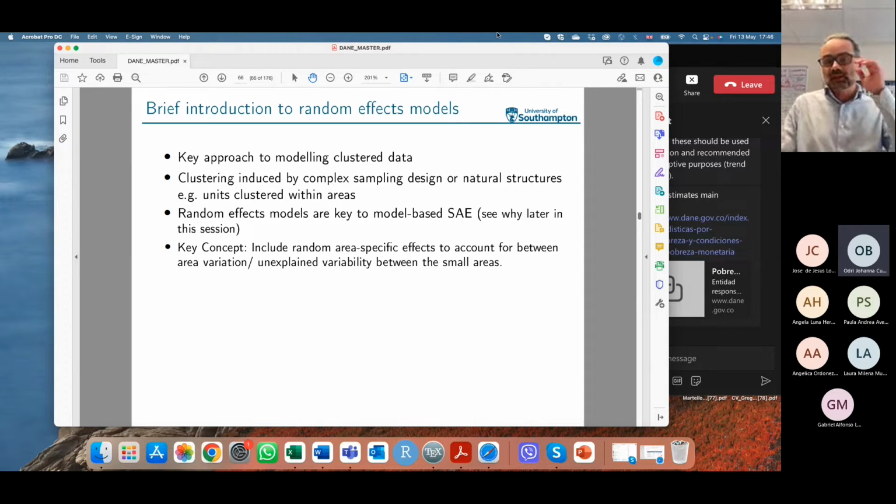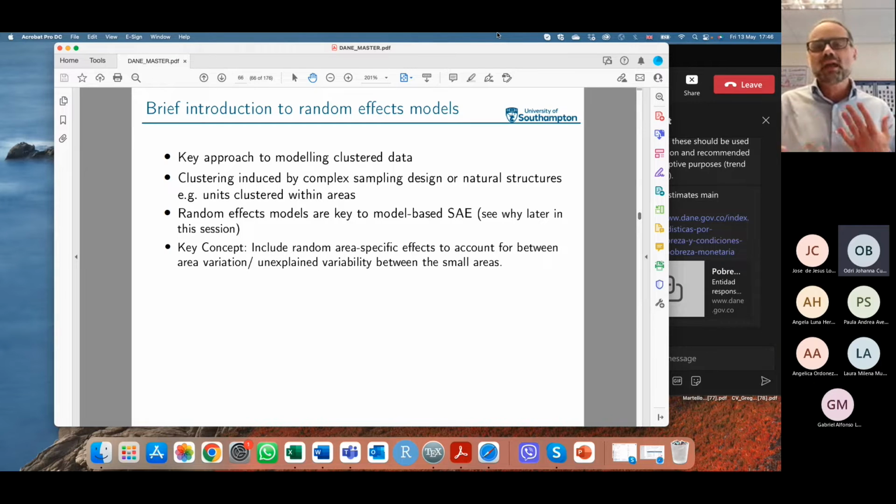Or it may be that you have natural structures. For example, units are clustered naturally within areas. You may have pupils nested within the same classroom, attending the same school, and so on. So basically, random effects models are a way to capture the clustering that you have in data. And in your case, the simplest way of describing the clustering is that you have households, and the households are grouped within municipalities.